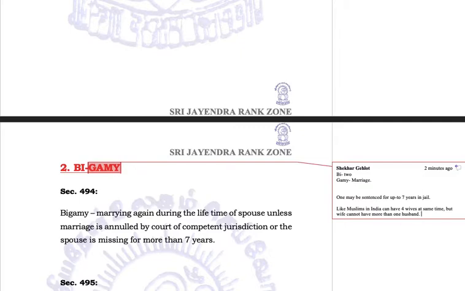So, a Muslim male in India is allowed to have four wives at a time, but a Muslim female is not allowed to have more than one husband. So this law of bigamy will be applicable upon the Muslim female, but will not be applicable upon the Muslim male because he is allowed to have four wives. But yes, if he takes a fifth wife, then he will be definitely guilty of bigamy, and all other religions usually allow only one marriage, and if the marriage is subsisting you cannot contract another marriage meanwhile.